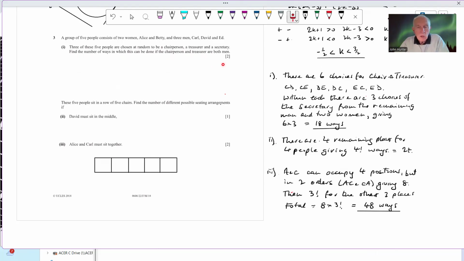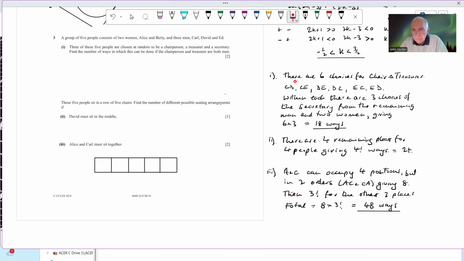Okay, so this is a combinatorics problem. Very often with these things we're dealing with factorials, but more often than not we have to break it down into a number of cases, and this part 1 here is one such situation.